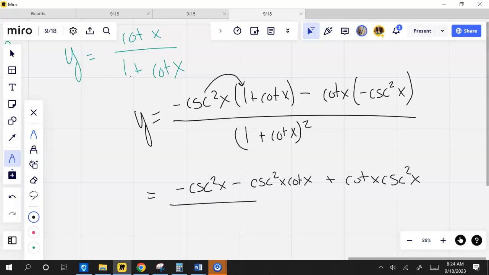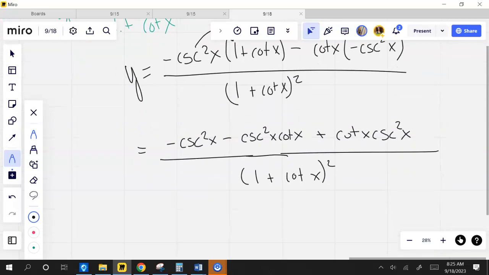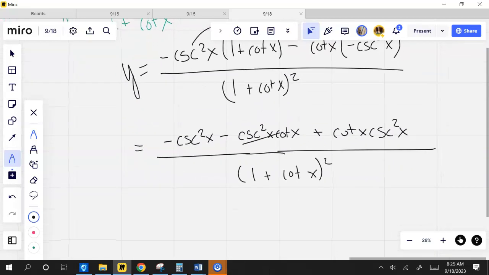I was ready to manipulate this thing. I was fixing to change all my cofunctions to basic trig functions, which is a good tool to have as you try to simplify and move around. I was fixing to change all the cotangents to cosine over sine, all the cosecants to 1 over sine, and see what canceled out that way. But, lucky for y'all, that just cancels as it sits.